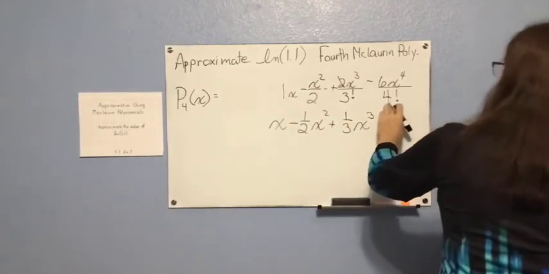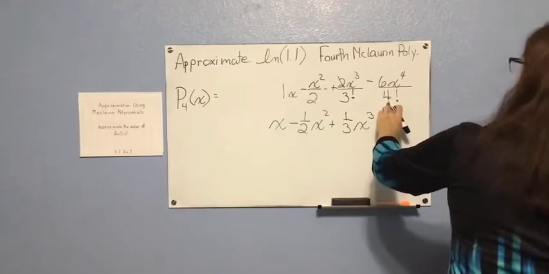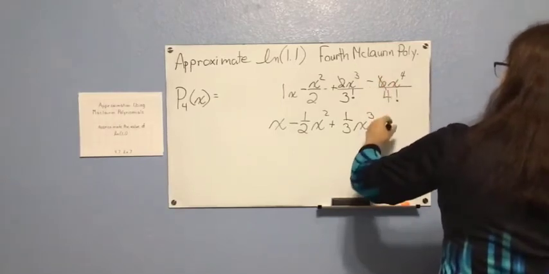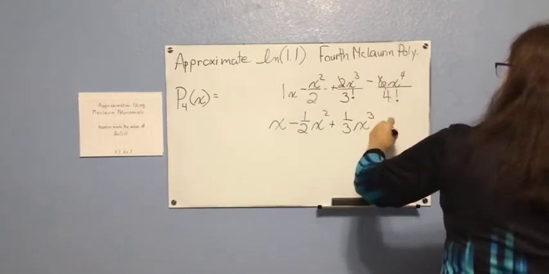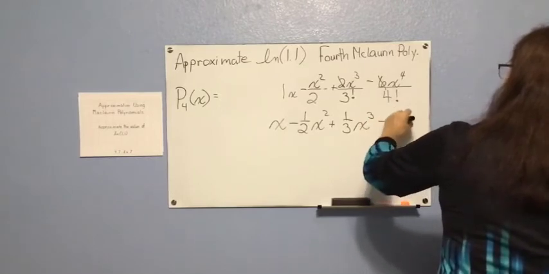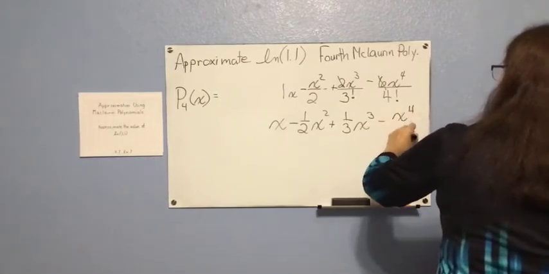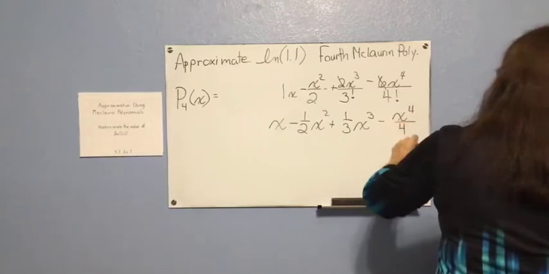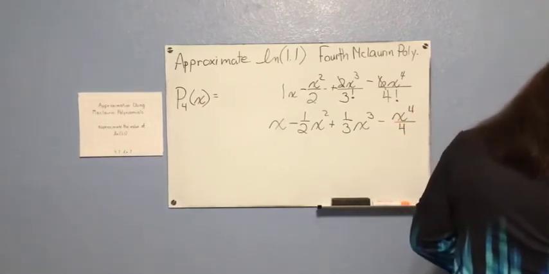The 4 factorial has both a 2 and a 3 in it that will cancel out with the 6 and leave me with just the 4 here, so minus x to the fourth over 4, or 1/4 x to the fourth.